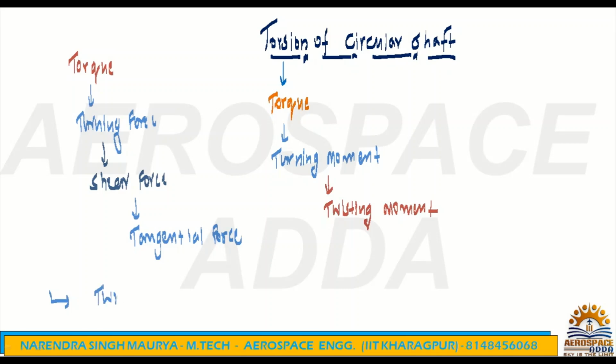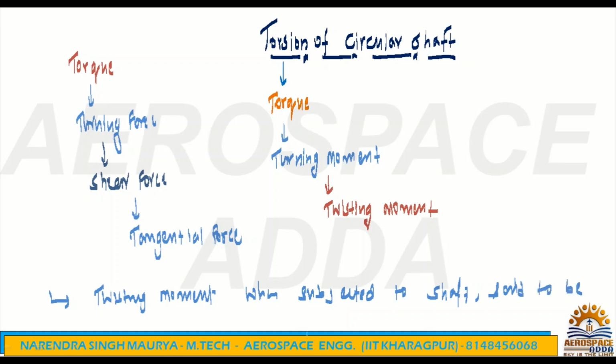So when a twisting moment or twisting force or tangential force is subjected to a shaft, then it is said to be torsion of circular shaft.